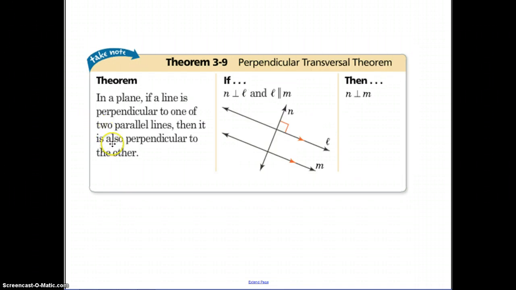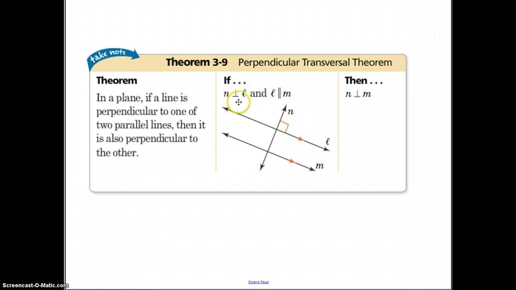And Theorem 3.9 has a name. It's called our perpendicular transversal theorem. And it says this: in a plane, if a line is perpendicular to one of two parallel lines, then it is also perpendicular to the other. And let's look at what this is saying.